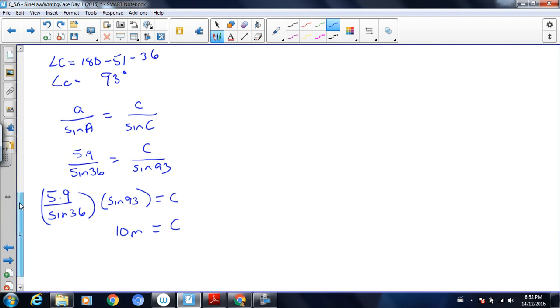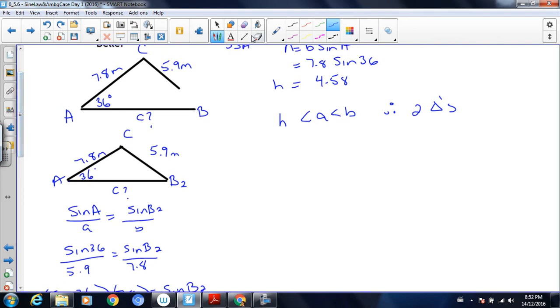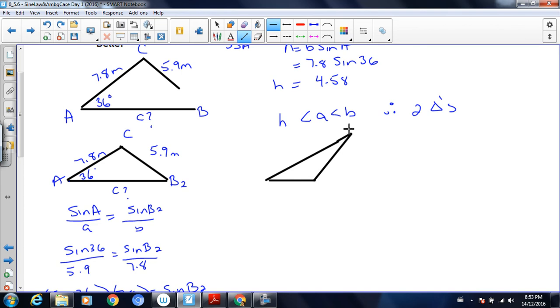Now, let's go back. Because there are two possibilities, let's solve for the obtuse triangle. So my obtuse triangle is something like this. Okay, so again, this is A, B, C, 7.8, 5.9, and 36 degrees.